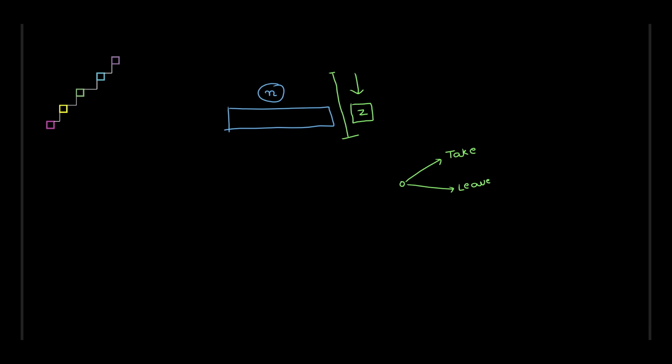If you decide to leave this element, then of course the answer is the number of distinct subsequences that you have created from these first n elements. Suppose you define that as dp of n, let's say dp of I represents the answer for this.